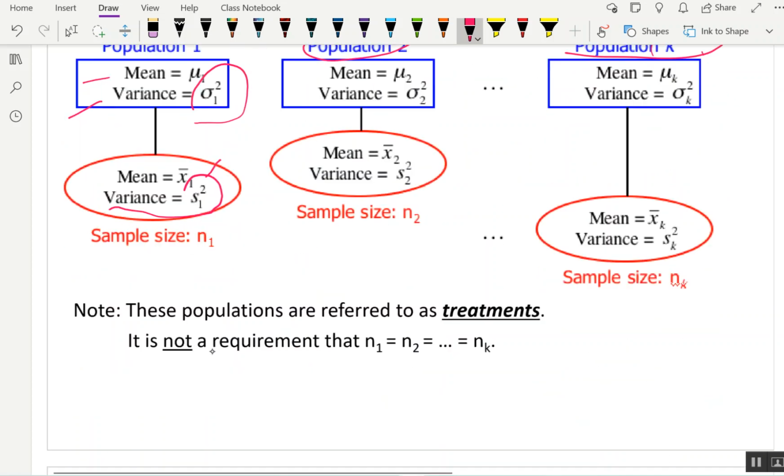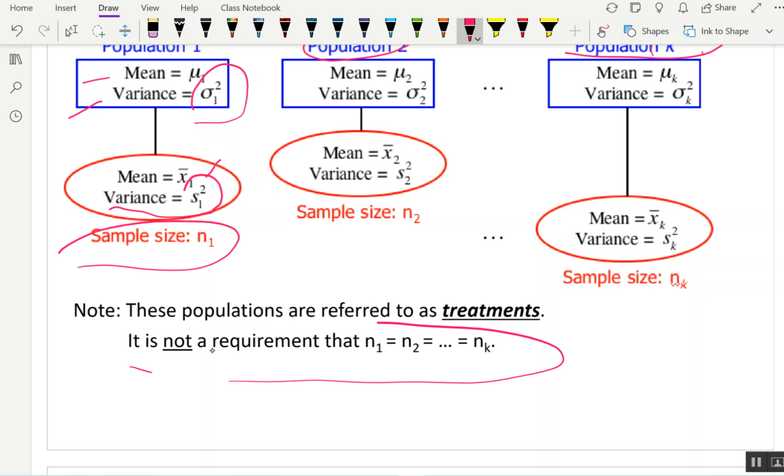These populations are referred to as treatments. It is not a requirement that your N1, the sample size for population 1, must be equal to population 2 or population K. What is N? N is the sample size.